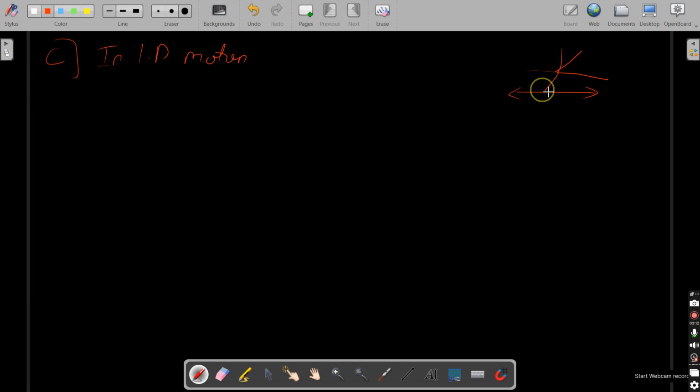It has to take turn like this or this. So if it takes a turn, its velocity will become zero. So we have to find when the particle is taking turn.